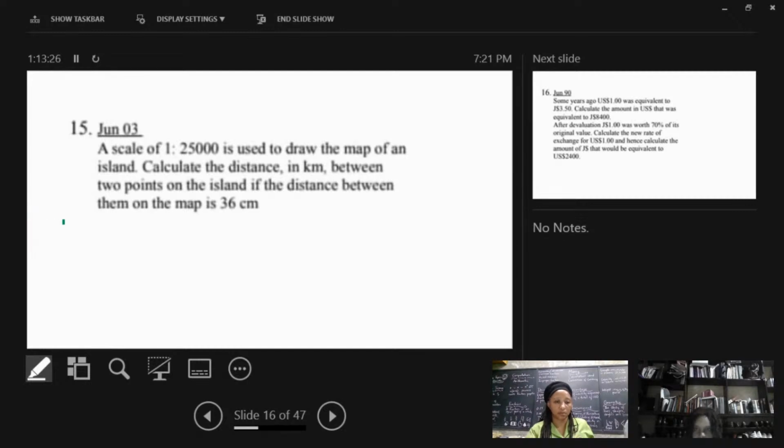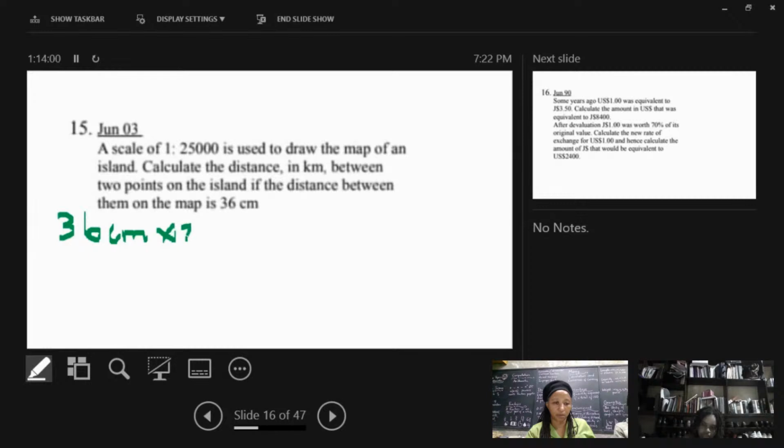For the actual distance we'd have to multiply the 36 by the 25,000 and then change that back to kilometers.